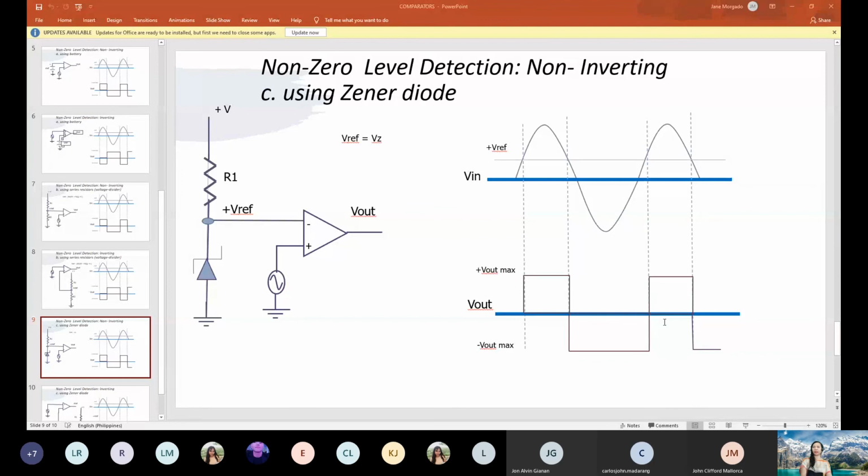Forward bias is connecting... where do you connect the anode and cathode? The anode is connected to, and the cathode is connected to... Forward bias is the connection of the anode to... DC has two polarities, positive and negative. What do you connect to the positive side of DC and the negative side?